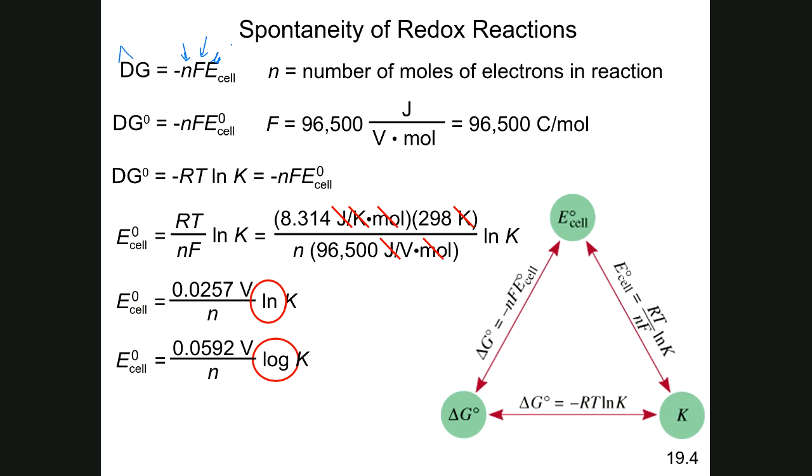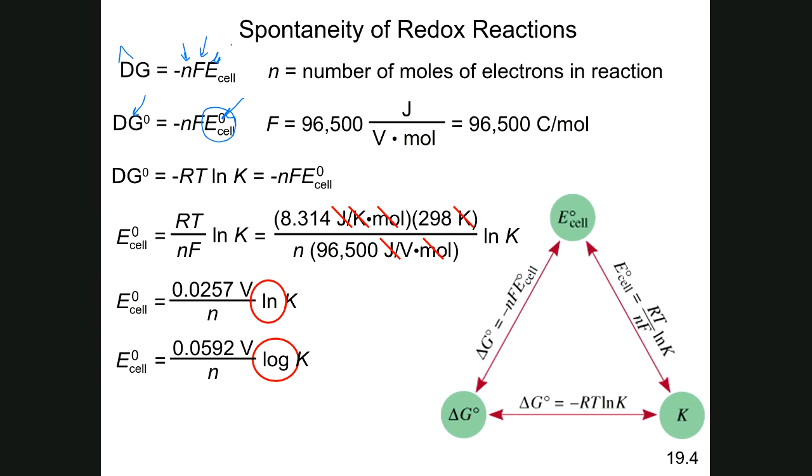For delta G0, this is going to be E0 at standard, and E0 cell is the E0 for cathode minus the E0 for anode, and you are going to find that from the table. The values are going to be provided to you, or a table will be provided. So if it's an assignment, you have access to the table.